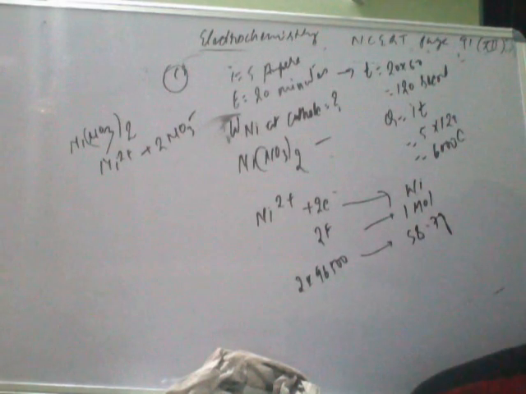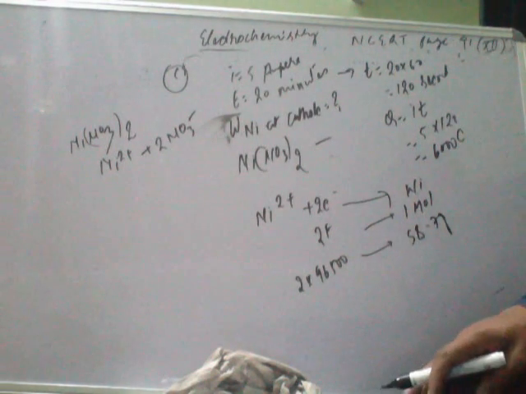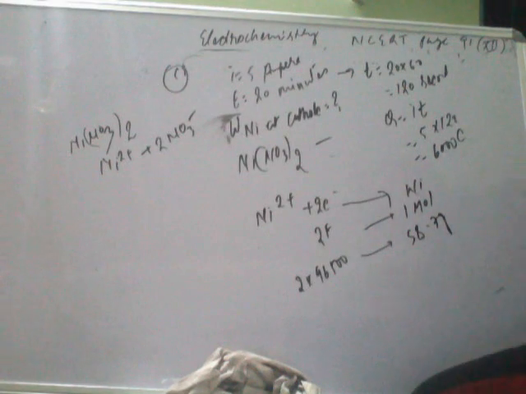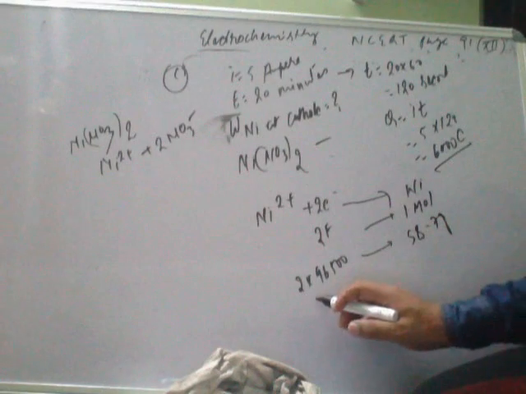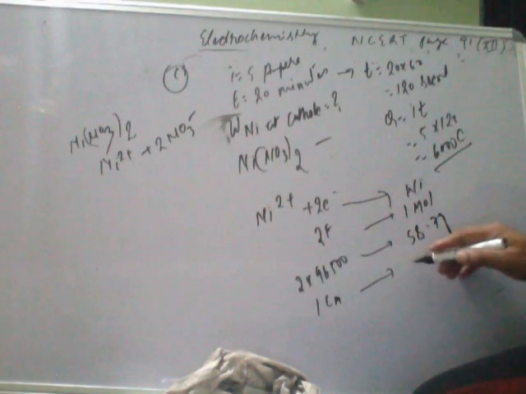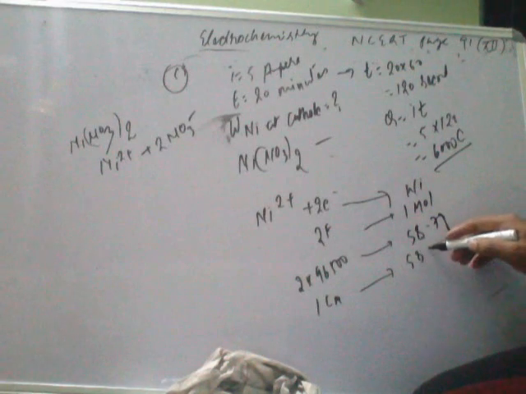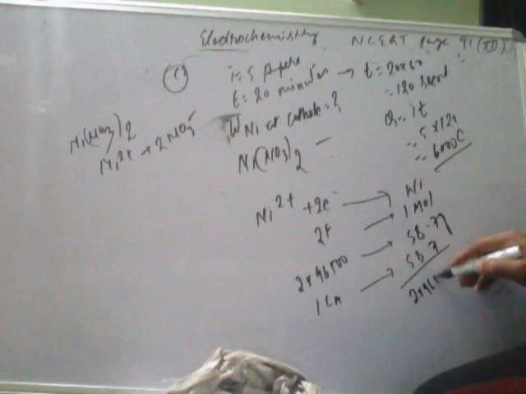So the question being asked is how much nickel will be deposited at the cathode. Here the current is given. So 1 coulomb of electricity will deposit 58.7 divided by 2 into 96,500.